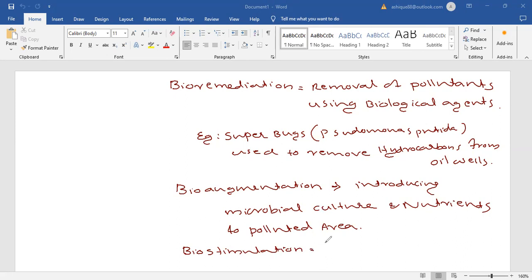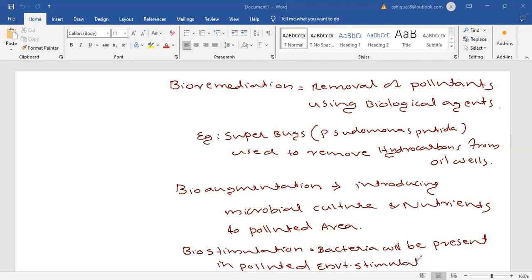In biostimulation, the bacteria will be present in that polluted environment. So what we will do is promote the growth of that bacteria by adding nutrients. How do we stimulate their growth?